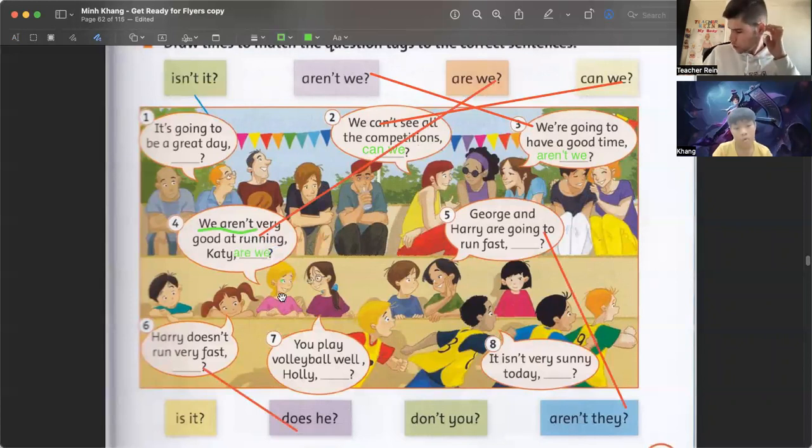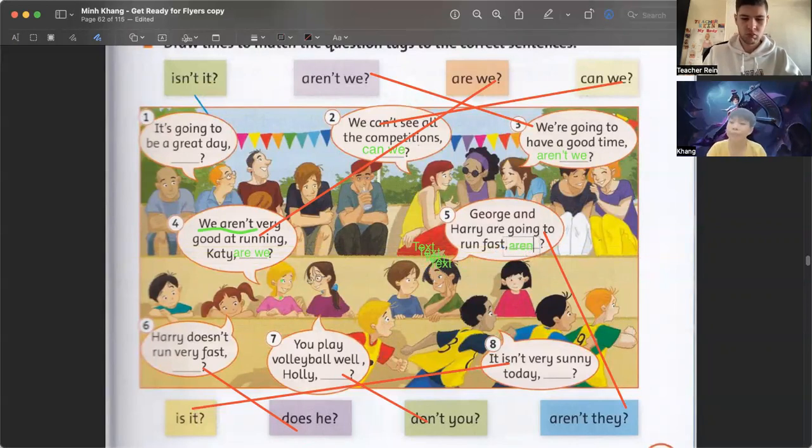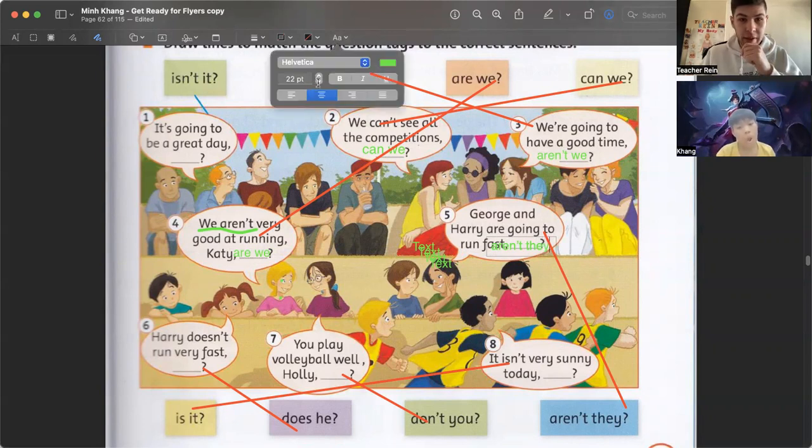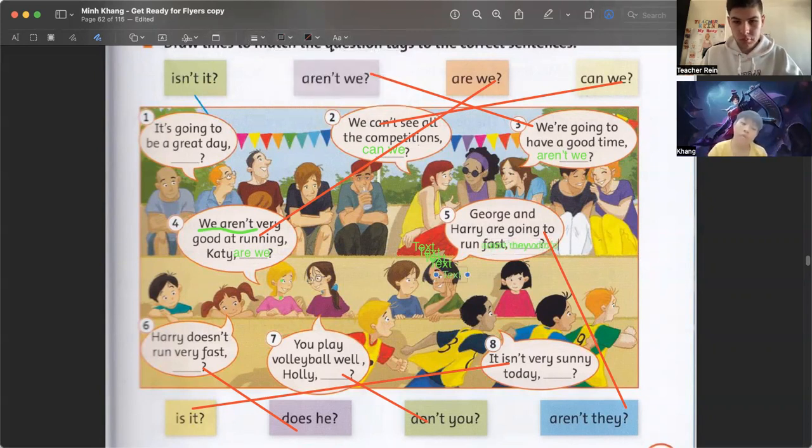Number 5, George and Harry are going to run fast, aren't they? Very good. I'm not sure why it is so big. I made it smaller. Harry doesn't run very fast, does he? Very good. You play football. You play volleyball well.